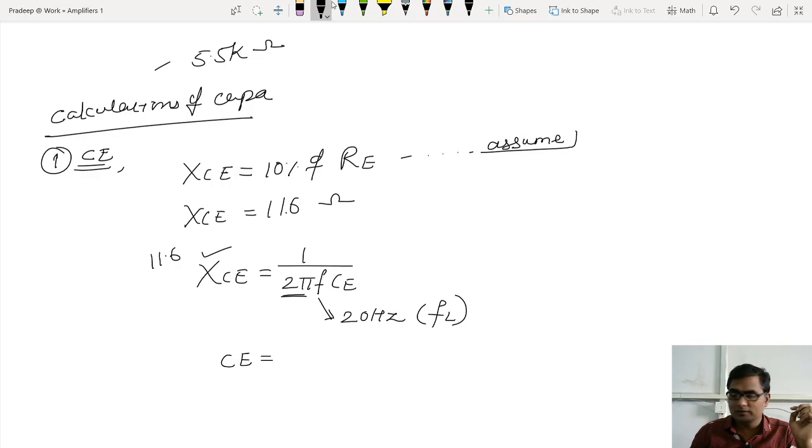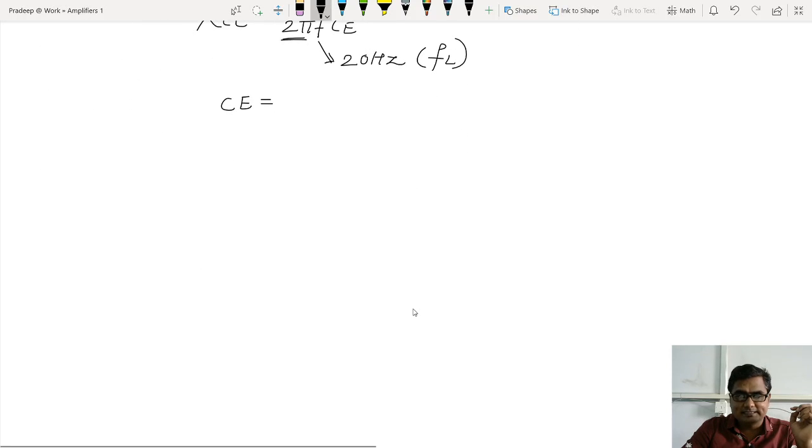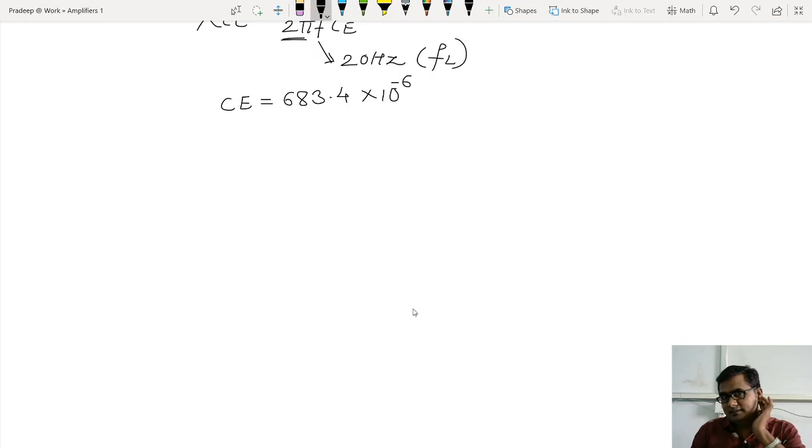The value of CE that I get is around 683.4 multiplied by 10 raised to minus 6. This figure is displayed on your calculator. 10 raised to minus 6 means micro, so I will write 683.4 microfarad.